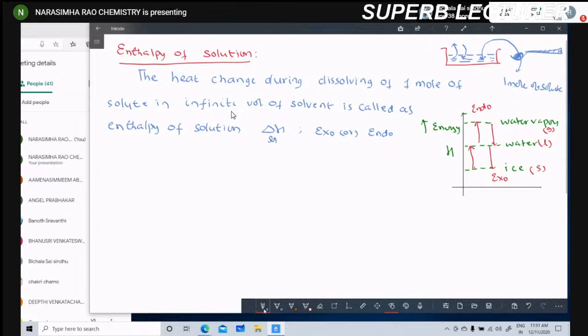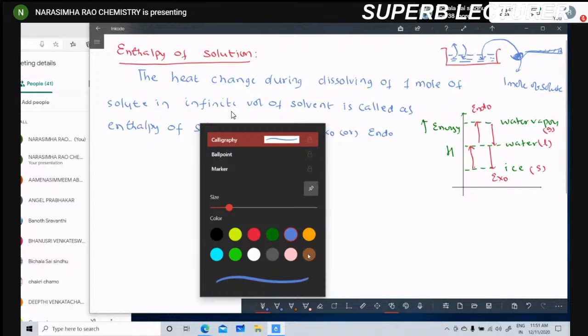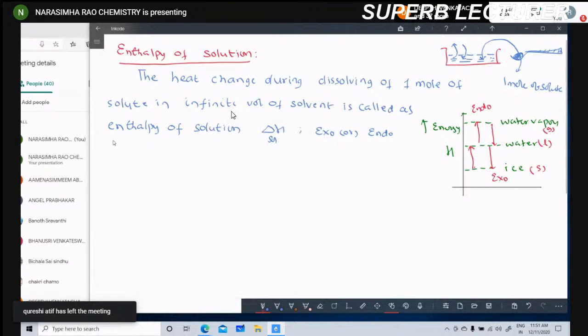Right, children? For the example, what I am taking here is first sulfuric acid. Example 1: H2SO4 plus an infinite volume of water. This is in liquid state.